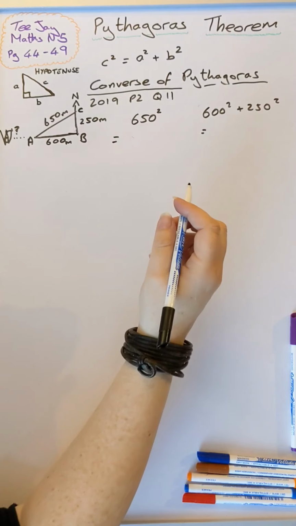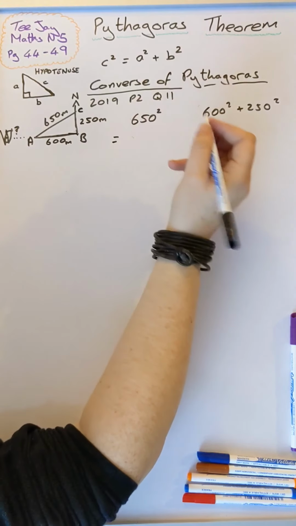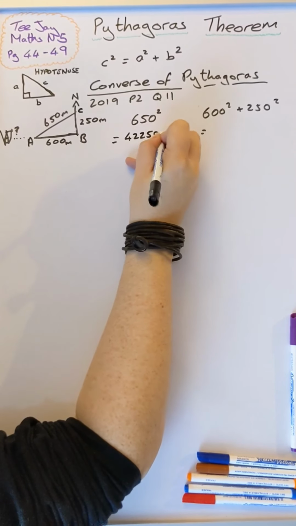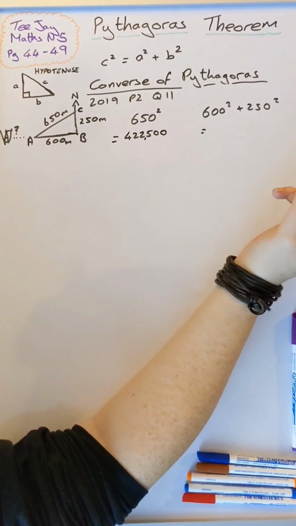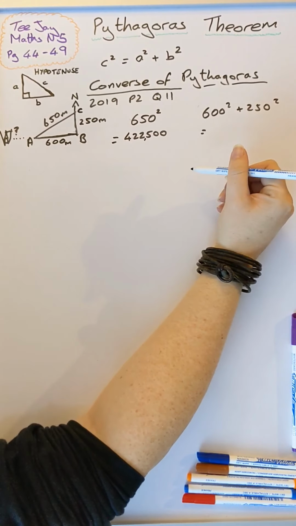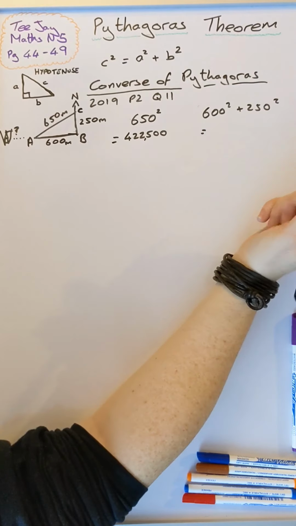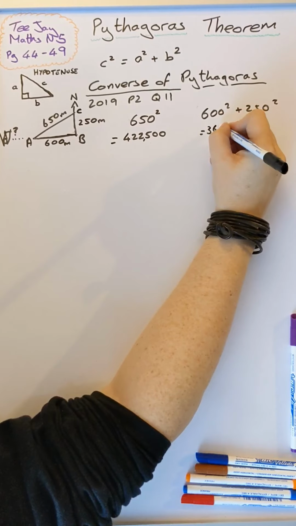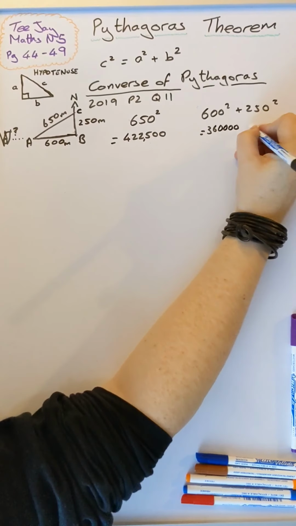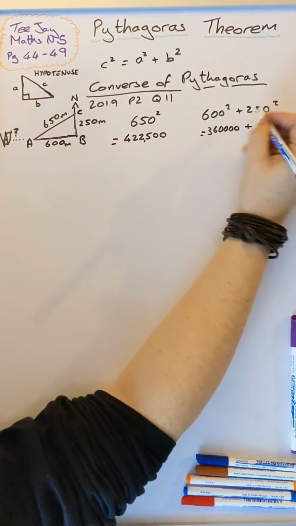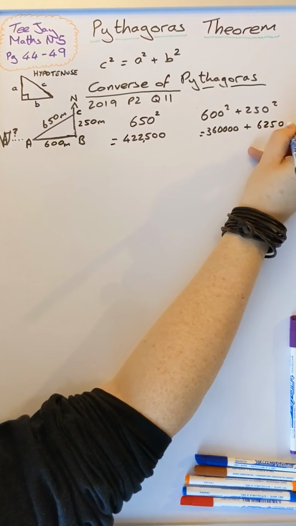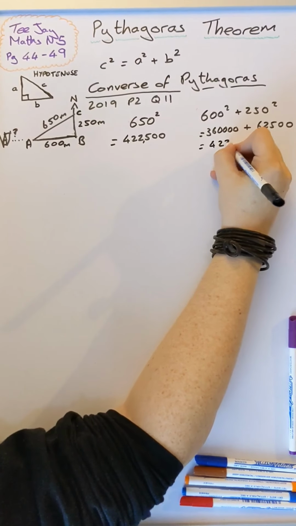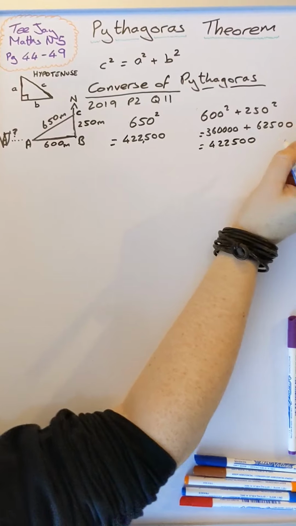Now, on your calculator, you'll just stick it in and get an answer. So I have done that already, and I have got 422,500 for 650 squared. For 600 squared, I've got 360,000, and for 250 squared, I've got 62,500, which when you add it together gives you 422,500.